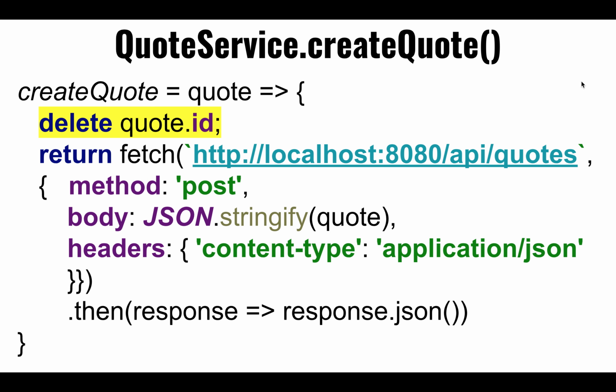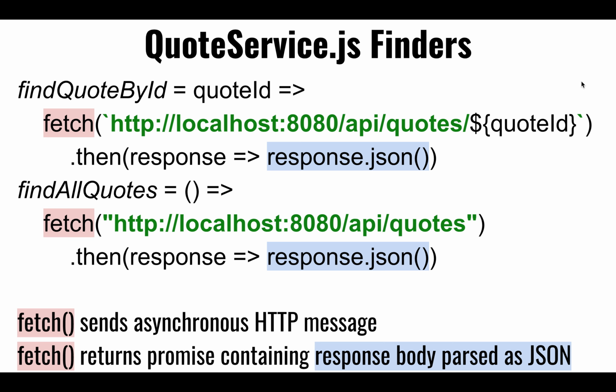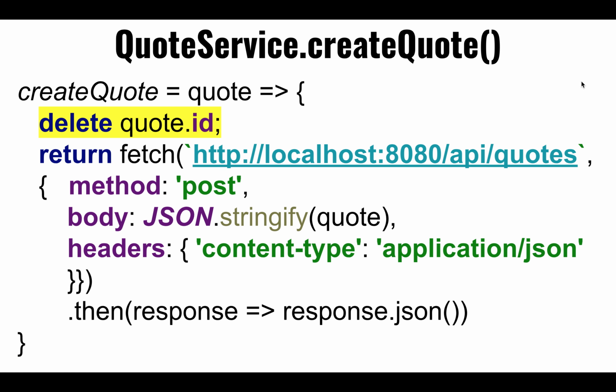In these two cases, the fetch was the only function being invoked here, and so notice that it has no curly brackets. The way this is interpreted is that this is an implicit return. It's returning whatever the fetch is returning to whoever calls this. So it's implicit. Here, because I have two lines of code, the delete and then the fetch, I need to put it inside of a curly bracket.